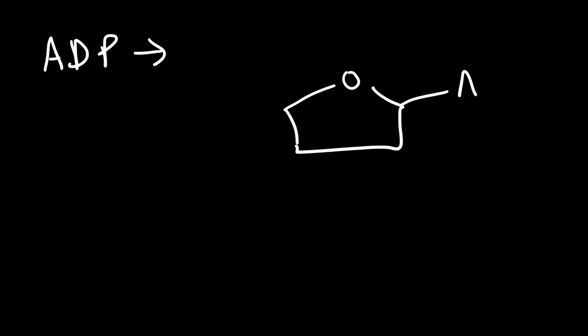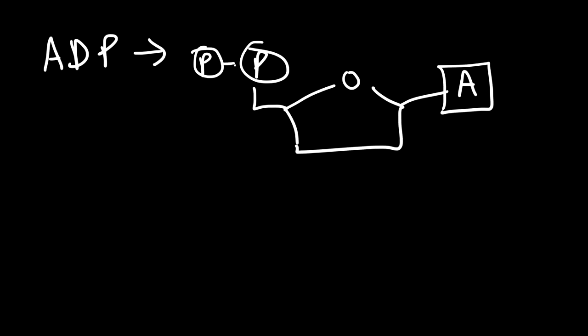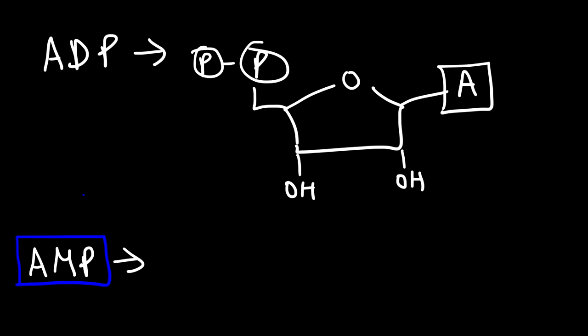For instance, if you hear the word ADP, it stands for adenosine diphosphate. So instead of having just 1 phosphate group or 3, now you have 2 phosphate groups. And if you hear the abbreviation AMP, this is adenosine monophosphate. So there's just 1 phosphate group instead of 2 or 3.